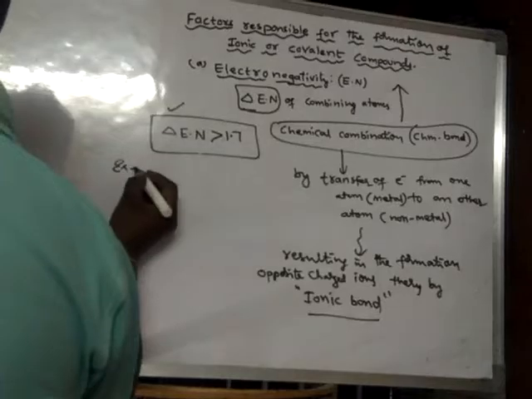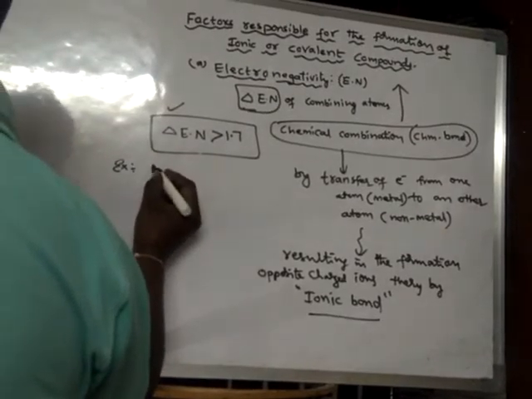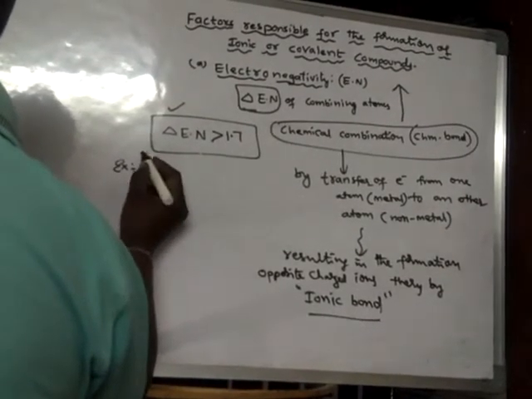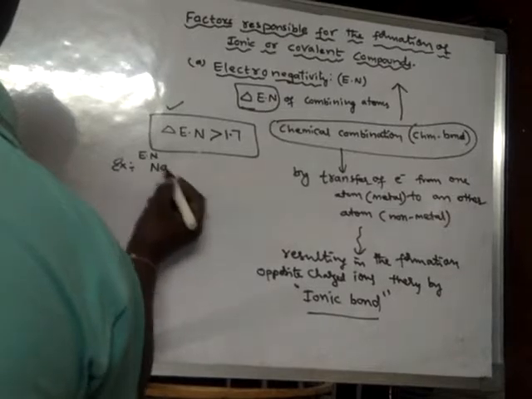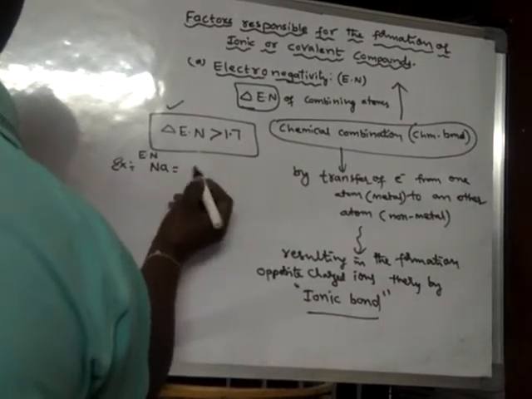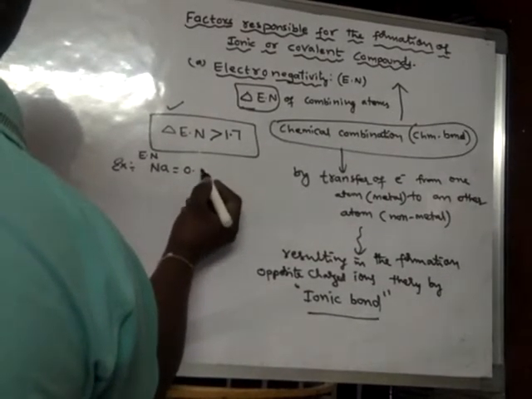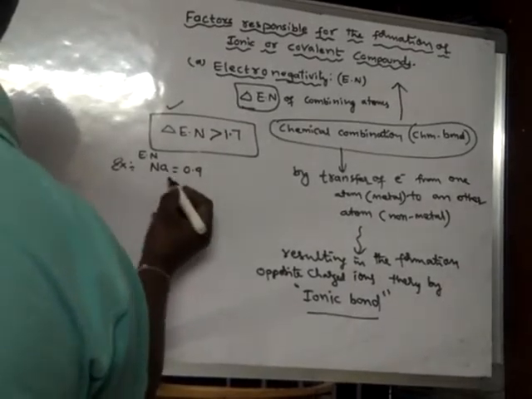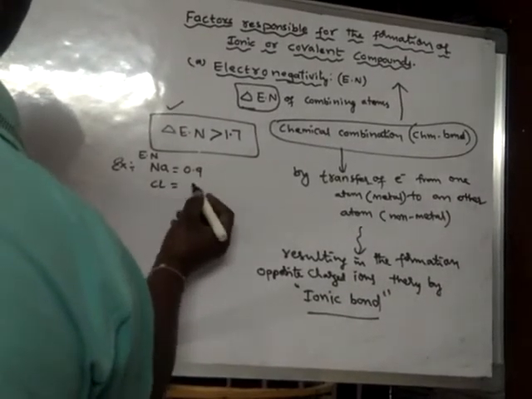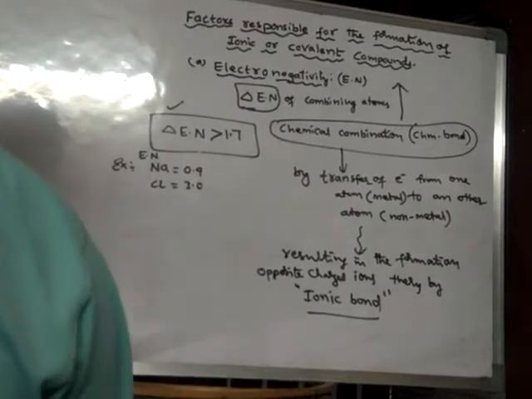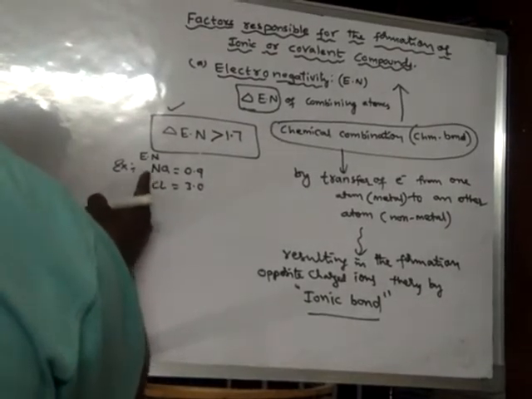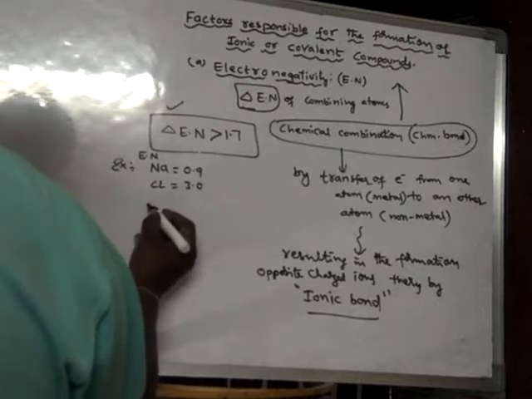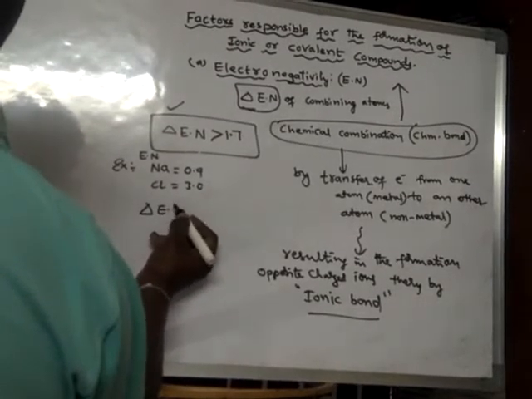For example, the electronegativity of sodium is 0.9 and chlorine is 3.0. So what is the difference in electronegativity?